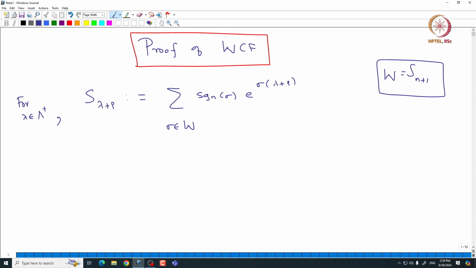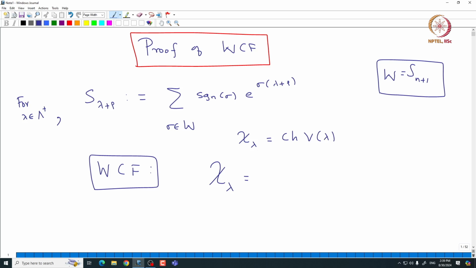Now with this notation, what is the Weyl character formula? The Weyl character formula says, if I take the character of the irreducible representation, chi lambda, the character of V of lambda, then it is given by this ratio of these two elements, S lambda plus rho divided by S rho.